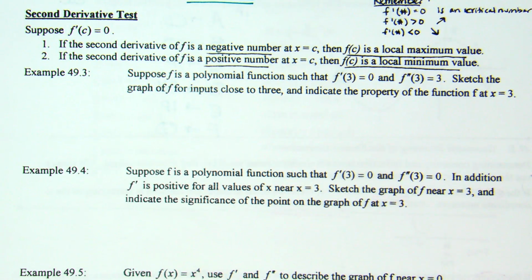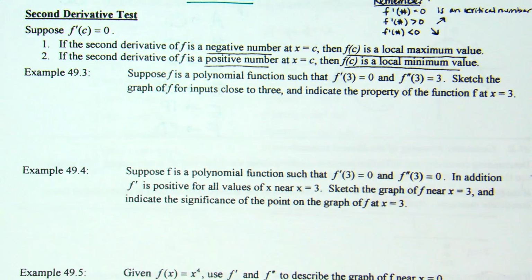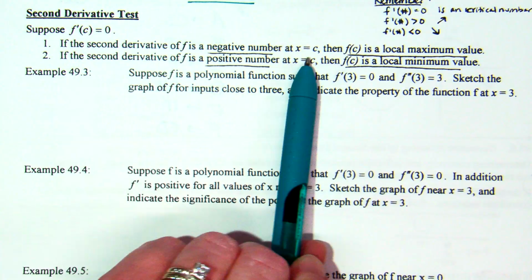Now, notice what it says. If the second derivative of f is a negative number at x equals c, then f of c is a local maximum value.